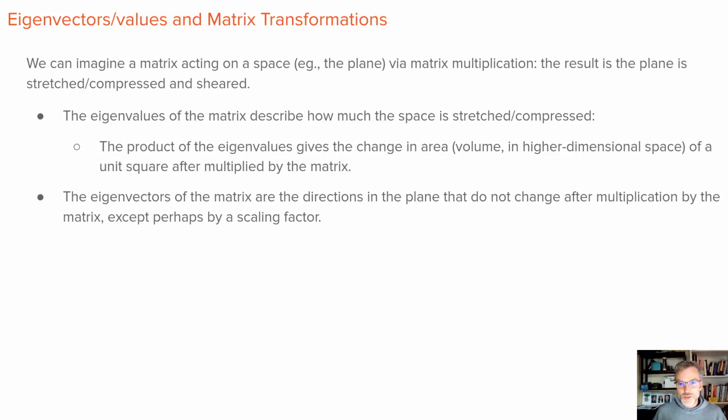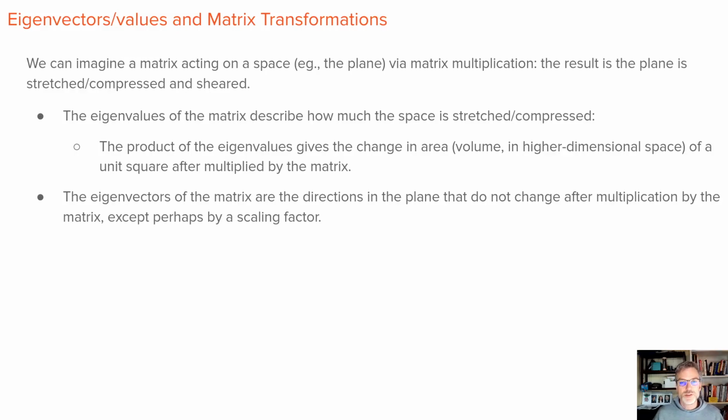And one other thing to notice is that when we look at just that unit square, or unit cube, depending on the dimension of the space, it's going to be stretched, it's going to be contorted via that matrix multiplication, and the amount it is contorted corresponds to the product of the eigenvalues.